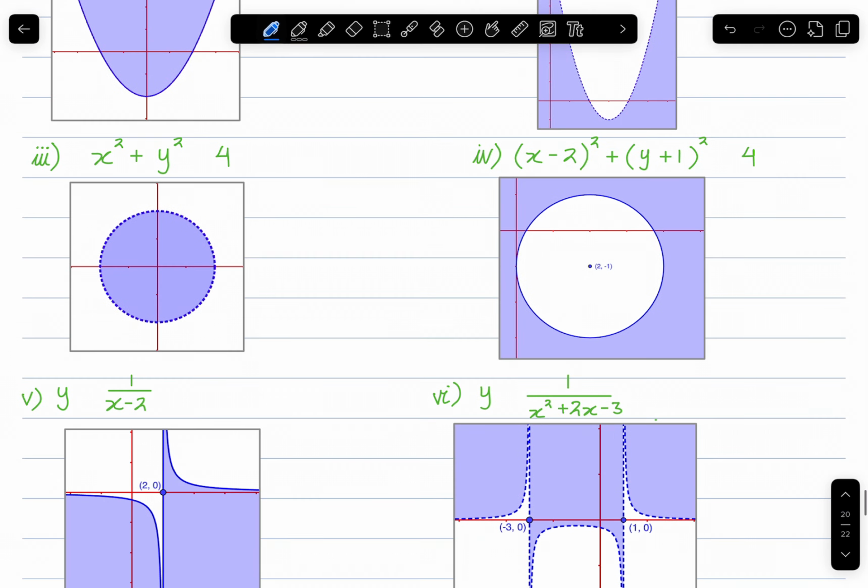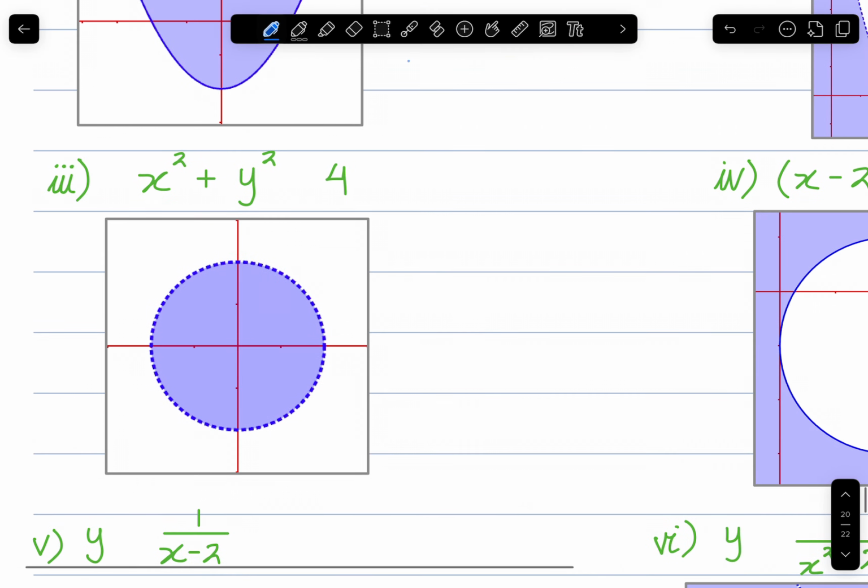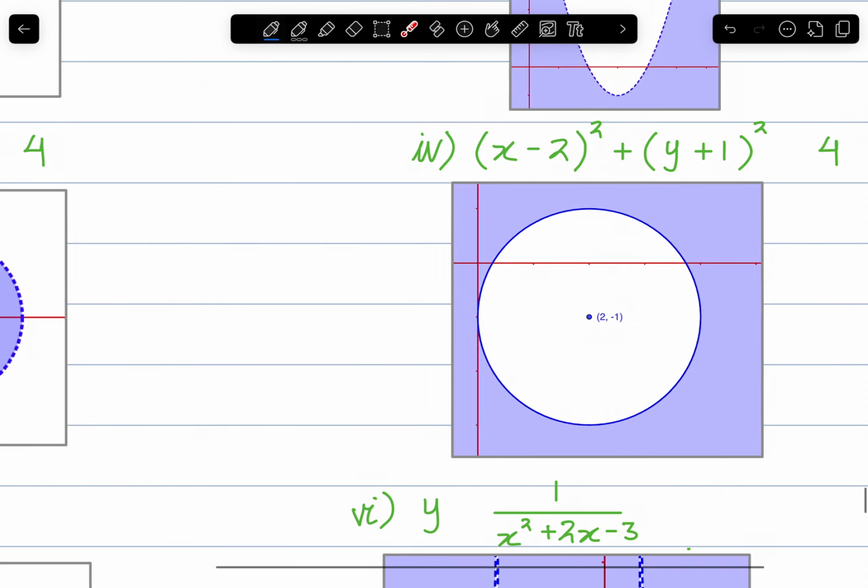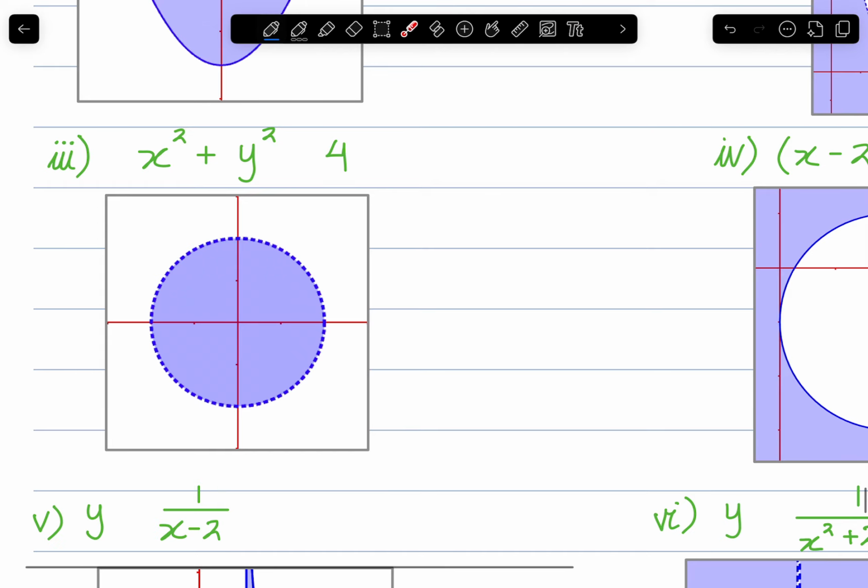Now with circles, this one's a little bit more complex, but for this, I'm again going to show you the algebraic way of doing it. After a while, with these two, you can figure out which is which very quickly. In this case, I'm going to again pick 0, 0.